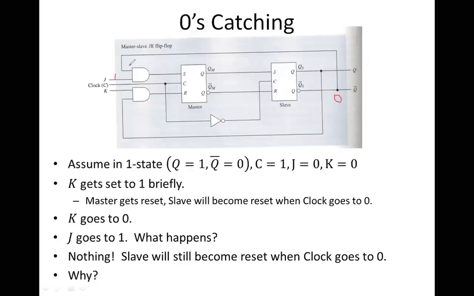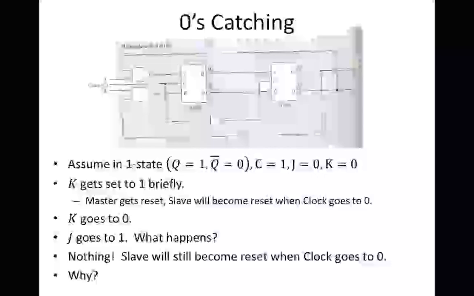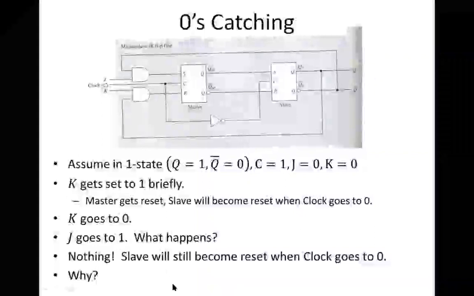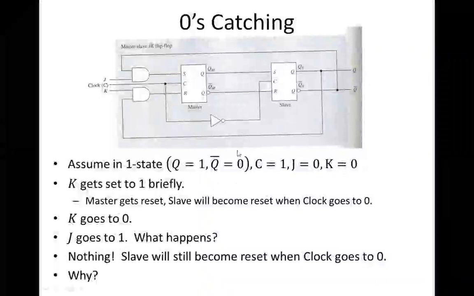Since there is a 0 here and 1 into 0 is 0, it's not going to change. When I put j equal to 1, q bar is connected to j, so 0 into 1 is 0, which means it is going to remain in the same state.